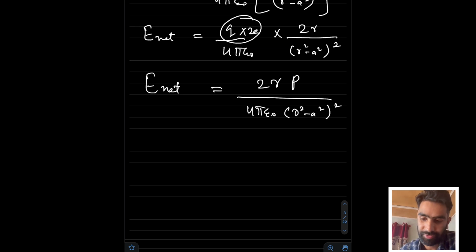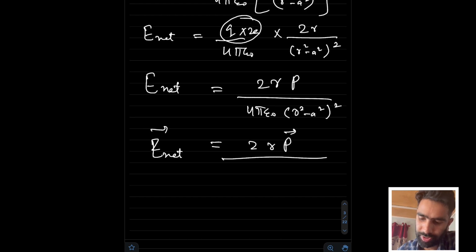Now, since the electric field is a vector quantity, and p is also a vector quantity, in the vector form it will be 2 into r into vector p.